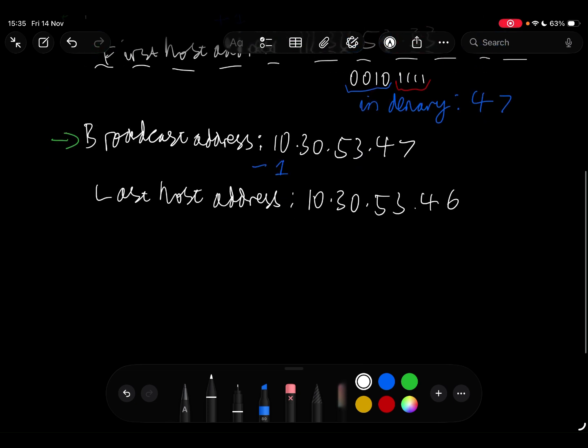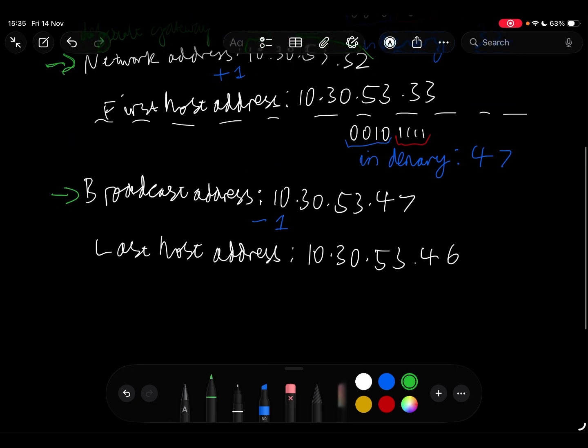So the usable range for this subnet is going to be 10.30.53.33 all the way up to and including 10.30.53.46.